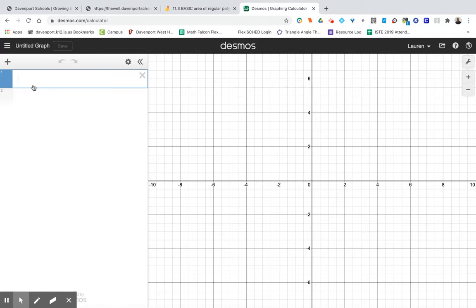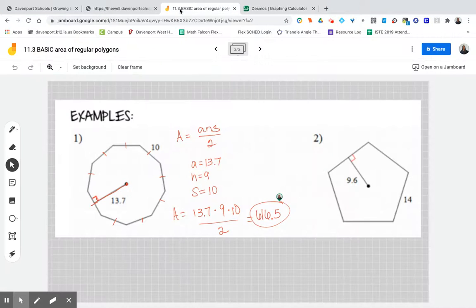I take 13.7 times 9 times 10, and then divide all that by 2, and I get 616.5. And that would be my area, 616.5.